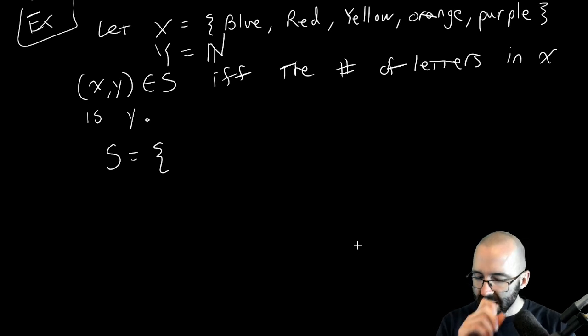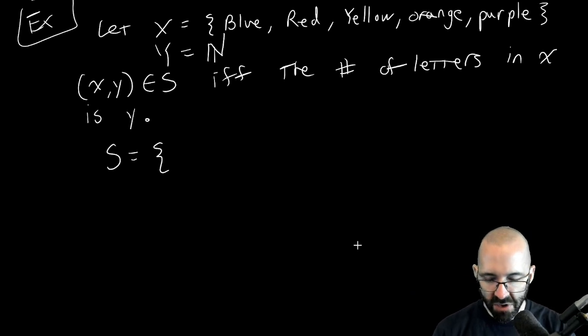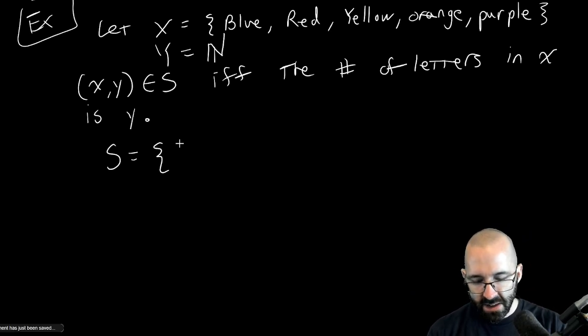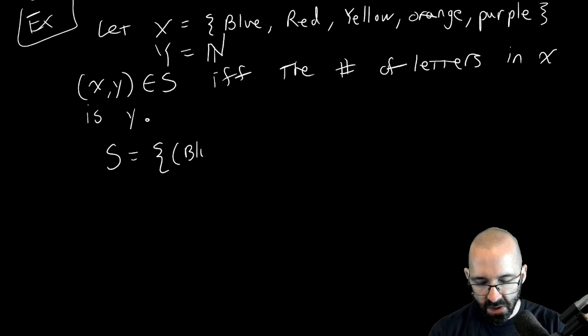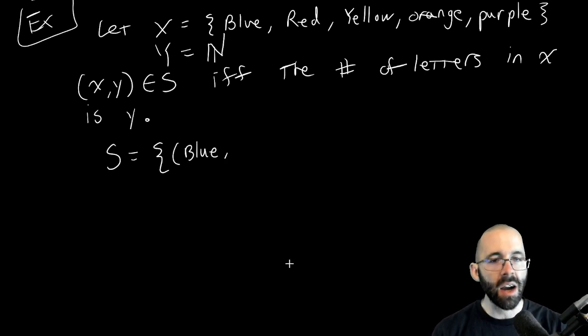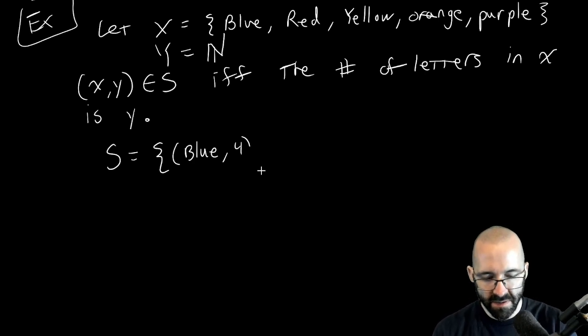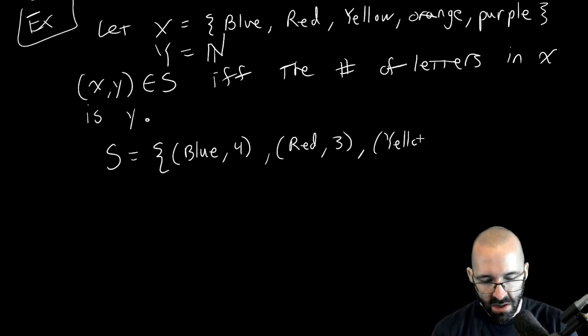Anyway, so S, what was it? Hopefully you found it. S is going to be the set of blue and all the outputs for blue. Well, blue will always just have 4 letters in it. We have red. That just has 3 letters. We have yellow.